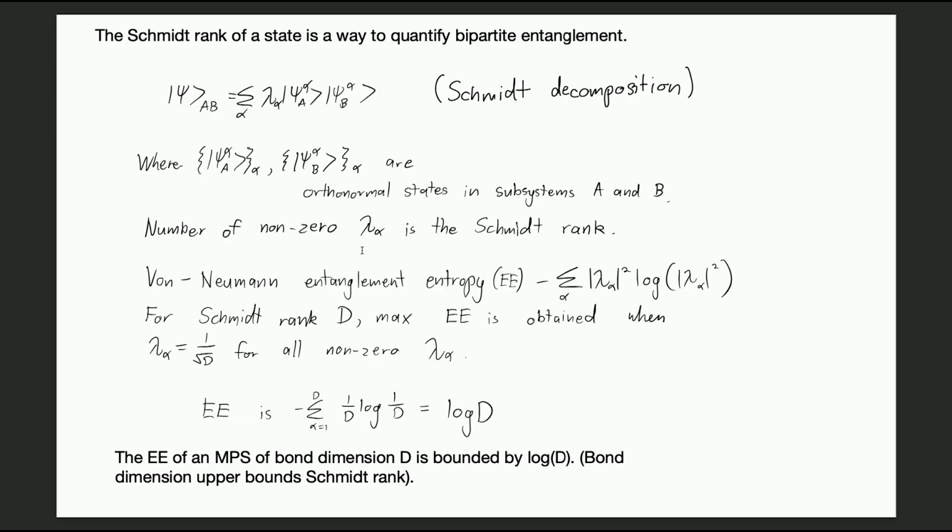And for a state which has, say, a Schmidt rank of D, you can put some bounds on the von Neumann entanglement entropy of that state between subsystems A and B. It's going to be bounded by log D, essentially.